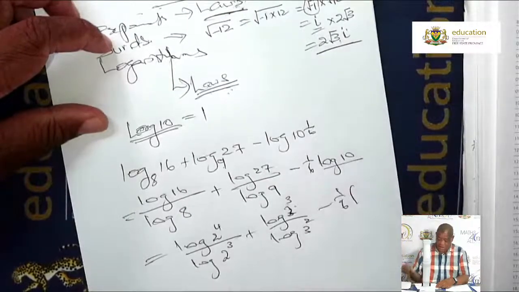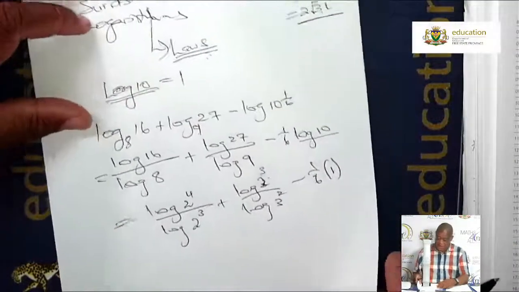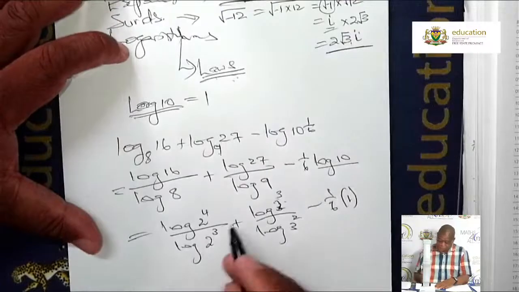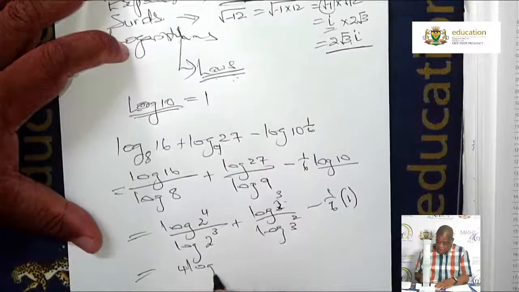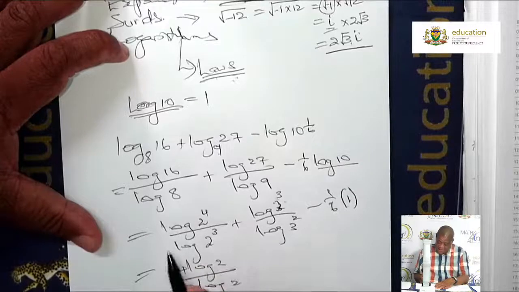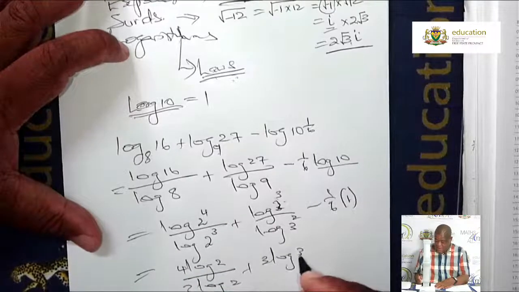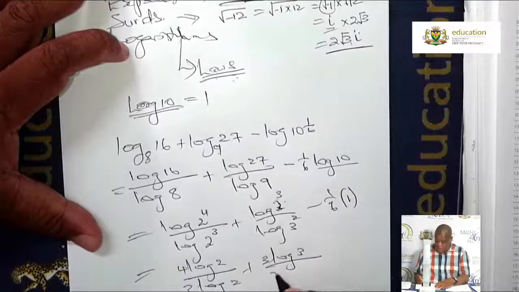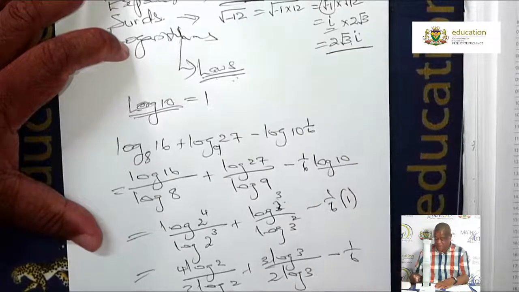Now log 10, like I talked of, is 1. In the place of log 10, you can put 1. And now law number 3 can be applied here. We have 4 log 2 over 3 log 2, that 4 came there, the 3 came over there, plus the same thing here, 3 log 3 over 2 log 3, then minus 1 over 6 times 1, which is just 1 over 6.